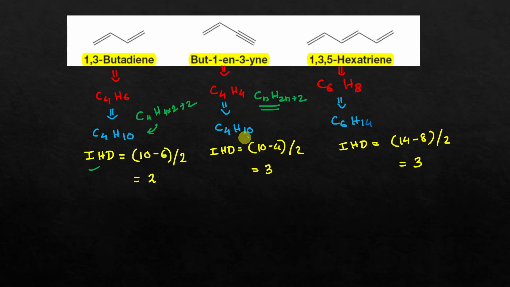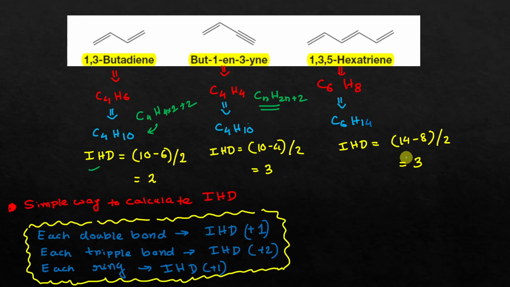The number of hydrogen atoms for the alkane is 10, and for this compound is 4. So 10 minus 4 divided by 2, that is 3. And for this compound the formula of its corresponding acyclic alkane is C6H14. So 14 minus 8 divided by 2, so 3. So the IHD of this compound is 3.